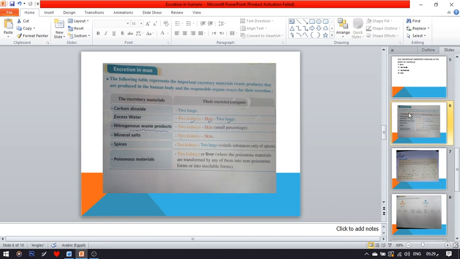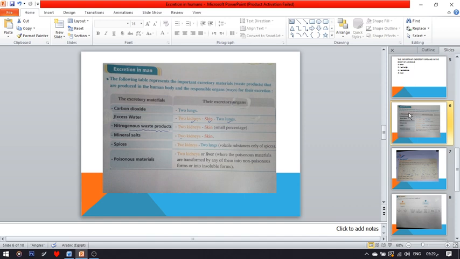For nitrogenous waste products: the 2 kidneys and the skin. The mineral salts are excreted by the 2 kidneys and the skin. Spices are excreted by the 2 kidneys and the 2 lungs. Poisonous material is excreted by the 2 kidneys or the liver.